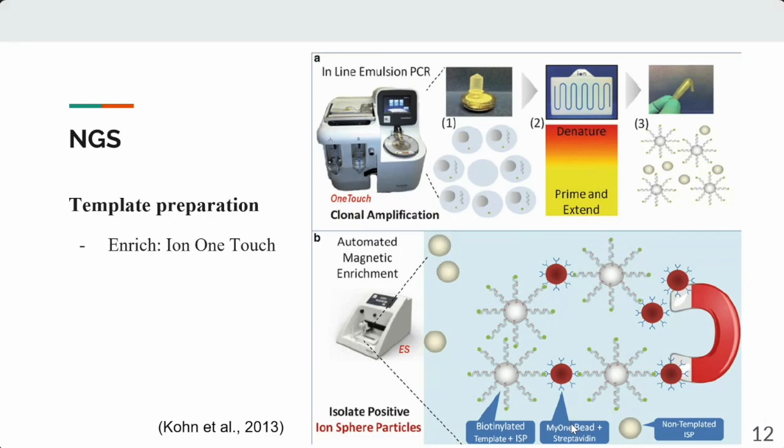In essence, the enrichment step using the Ion OneTouch system ensures that our sequencing data is of the highest quality by minimizing background noise and focusing on the DNA of interest. This automated and efficient enrichment process not only saves time but also reduces manual handling, thereby minimizing potential errors.